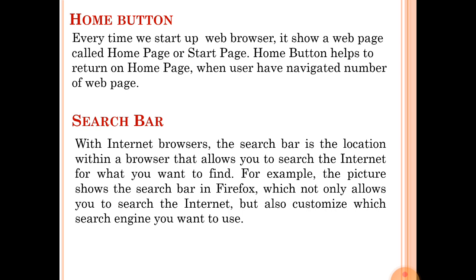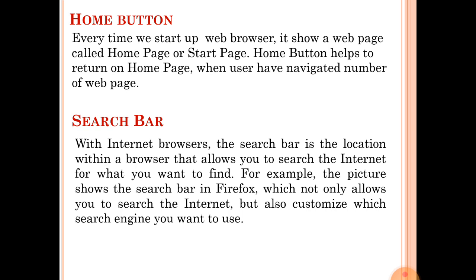When the user clicks on the home button, the web browser will display the first page of the website. I hope you understood. By clicking the home button, the user will go to the first page of the website.